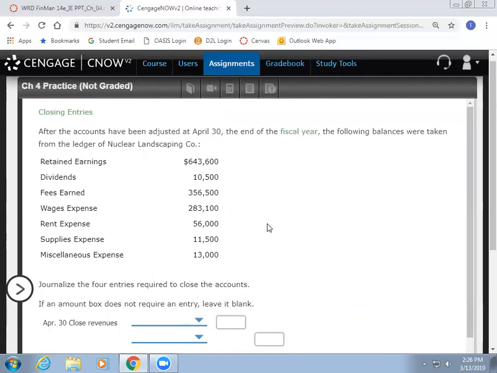What's the balance in fees earned? 356,500. Thank you. Okay. And then we have wages expense. How much is in wages? 283,100. And then we have some rent.